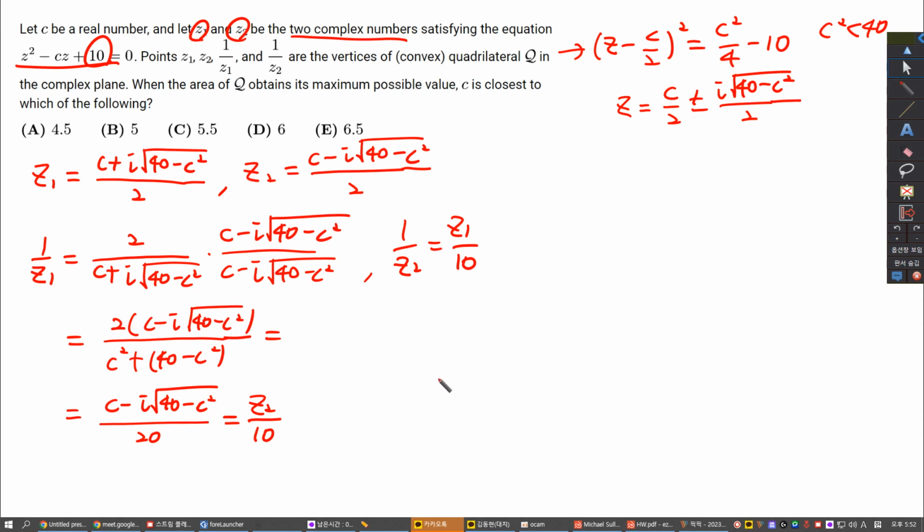So let's make a quadrilateral using these 4 points in the complex plane. The complex plane means the real axis is horizontal and the imaginary axis is vertical.